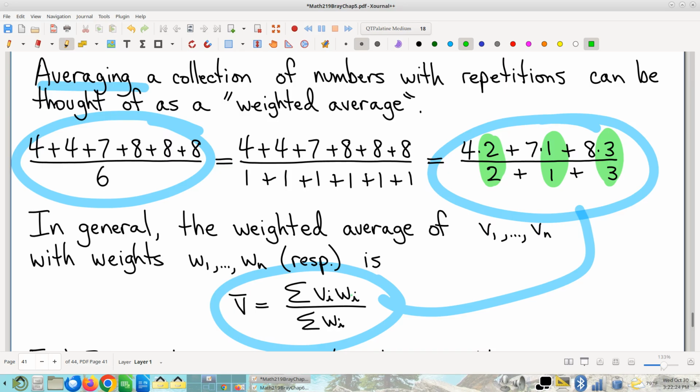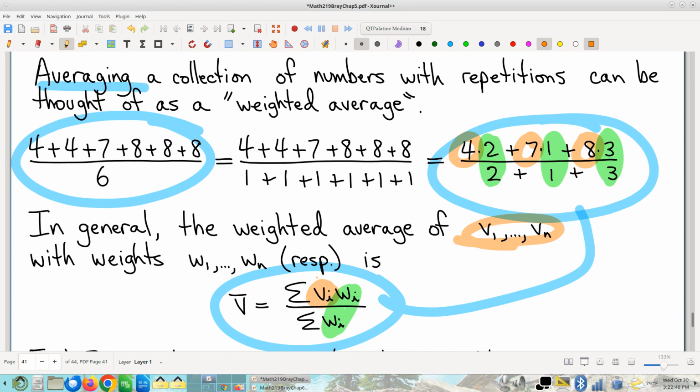You can see how the weights show up in the general expression, and the numbers that you're averaging show up like so. We can generalize this whole idea of double counting and triple counting with a formula that looks like this. This is called a weighted average.